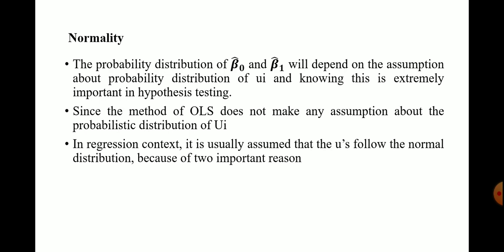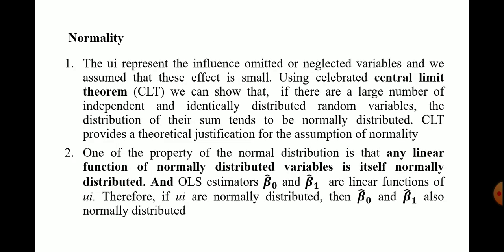But in the regression context it is usually assumed that UI, the error term, follows a normal distribution, for two important reasons. The first reason is that UI is a variable that includes the effect of omitted or neglected variables.